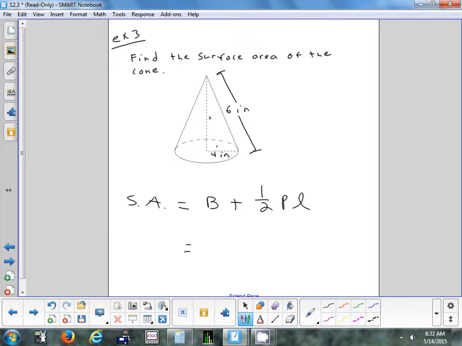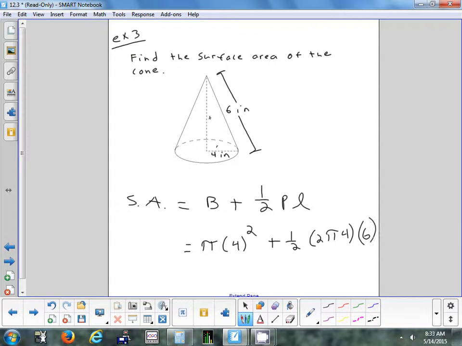Connor, what's the area of a circle? Pi r squared. Yep, pi r squared. Plus half the perimeter. Okay, Luke just told us the perimeter is 2 pi r.